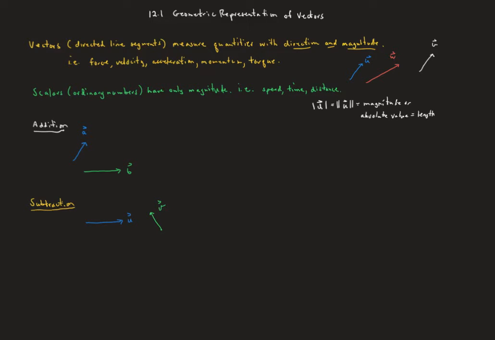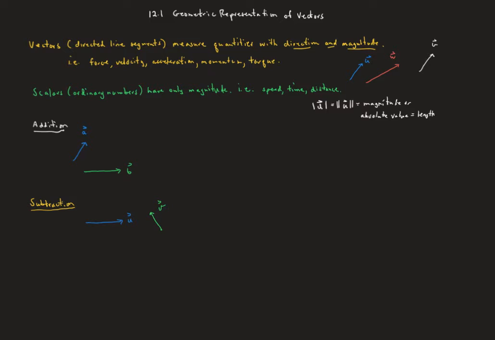So we tried to draw this to show different magnitudes. So when you look at the red vector W compared to the blue vector U, since the red vector is longer, we would expect its magnitude or absolute value to be greater than that of the blue vector U. Now, two vectors are equal to each other if they have the same direction and the same magnitude.